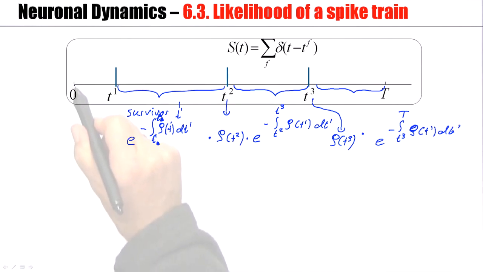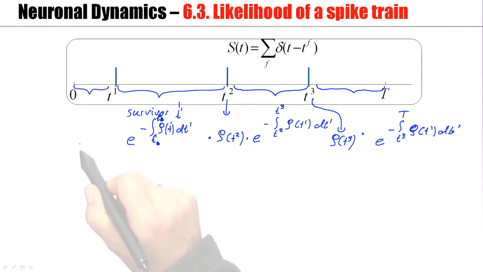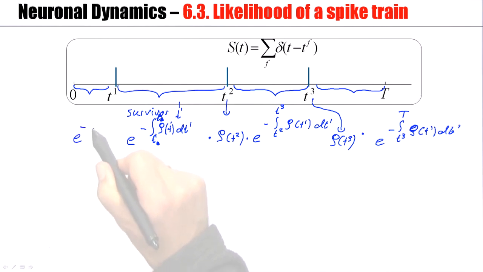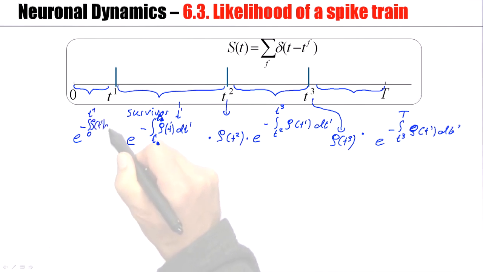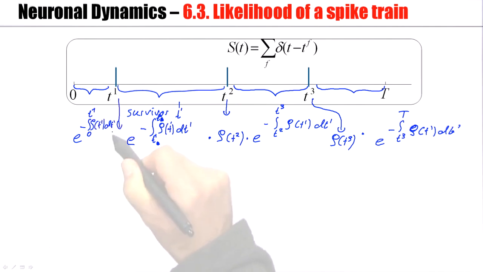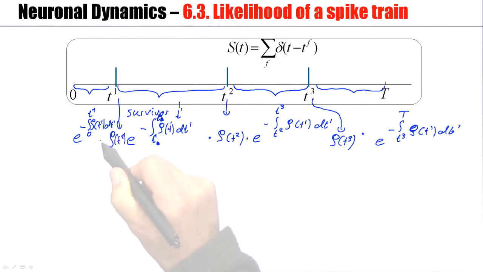And it also stays silent at the beginning. So I have e to the minus the integral from 0 to t1 of rho of t prime dt prime. And it did fire at time t1.